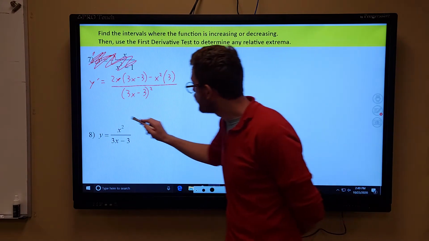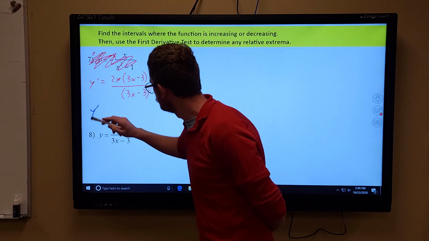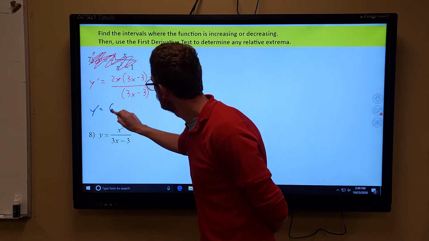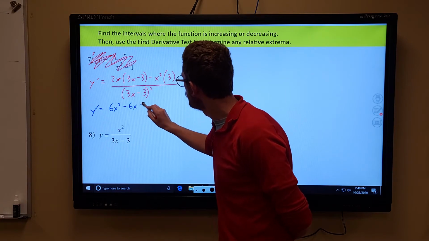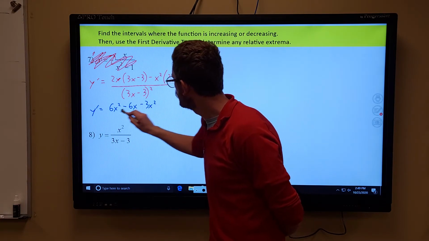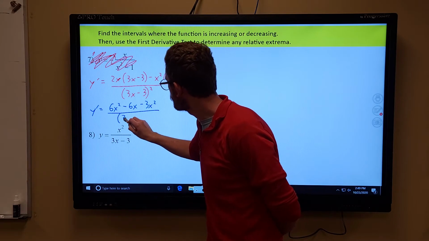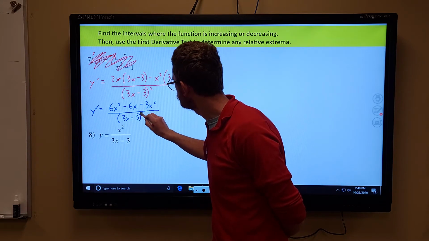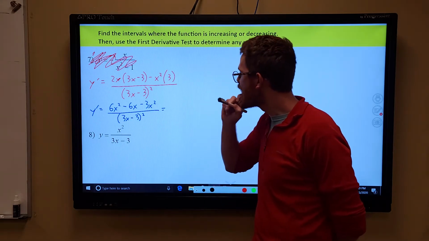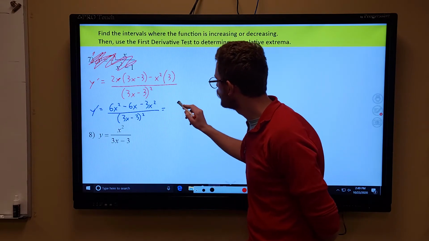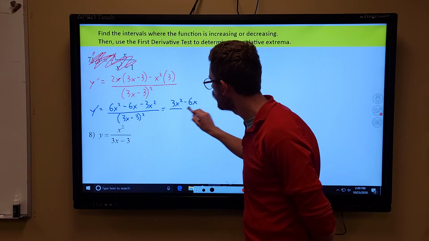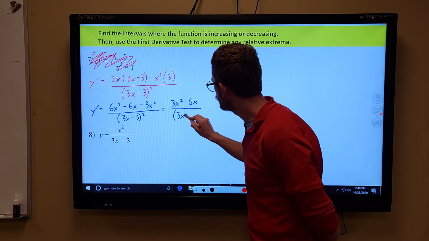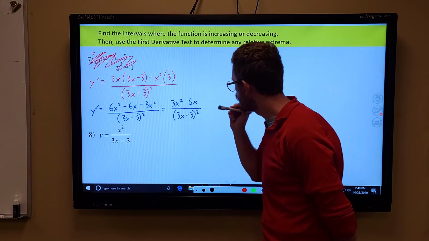You know I'm going to simplify this. 6x squared minus 6x minus 3x squared. When we combine like terms on the top, we have 3x squared minus 6x all over (3x minus 3) squared.